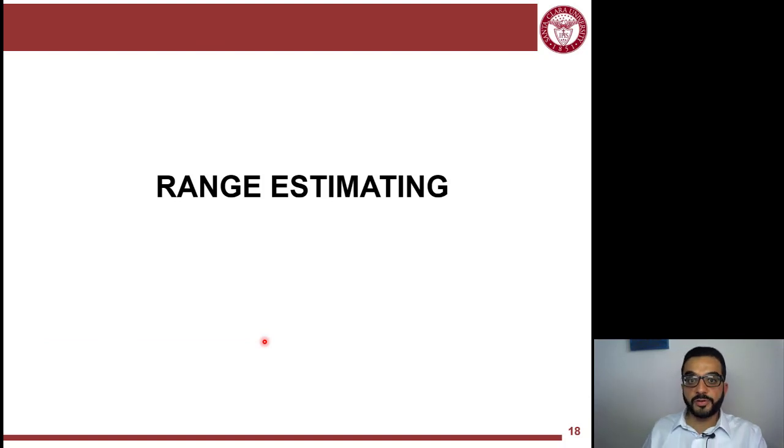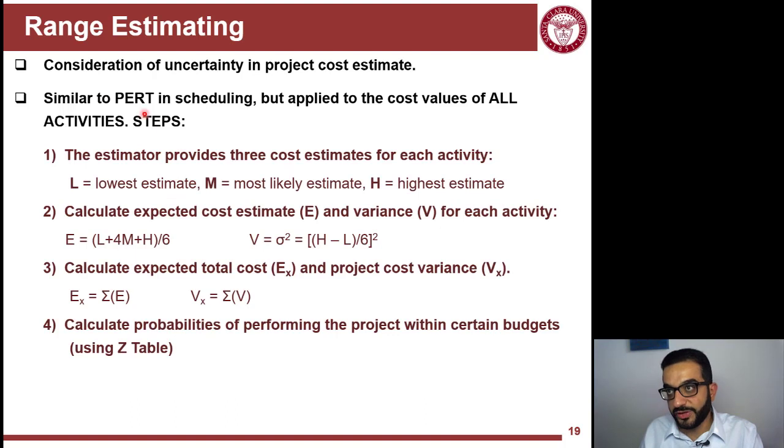So we finished the major part of this lesson, which is stochastic scheduling. We'll apply the same principle in estimating, which we call here now, instead of stochastic estimate, range estimate. So it's very similar to PERT application in scheduling. The idea is to be able to consider uncertainty in project cost estimates.